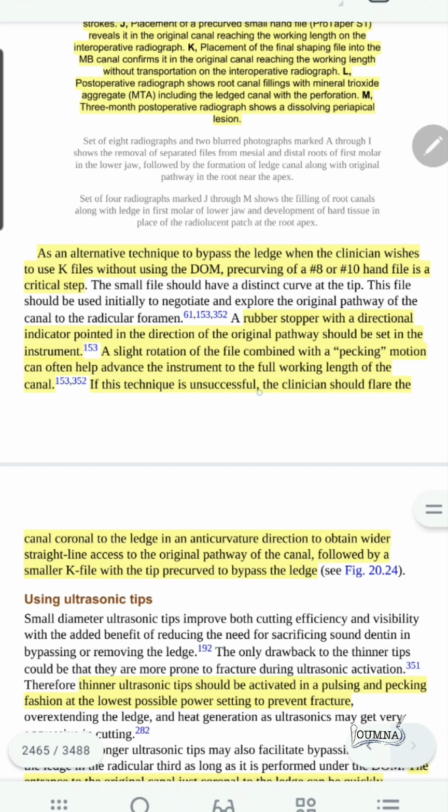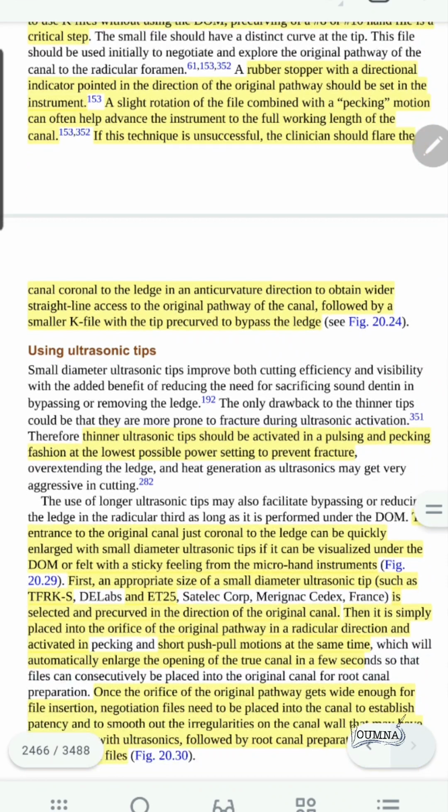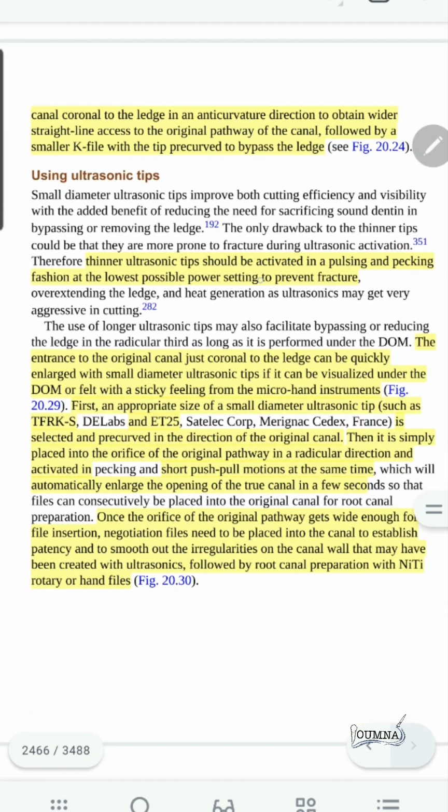Then we do a slight rotation combined with a pecking motion until we feel that we are advancing the instrument to the full working length. If this technique was not successful, we do an enlargement to the canal, flaring it up. Then we reinsert the K file after pre-curving it, and it must be small to bypass the ledge.